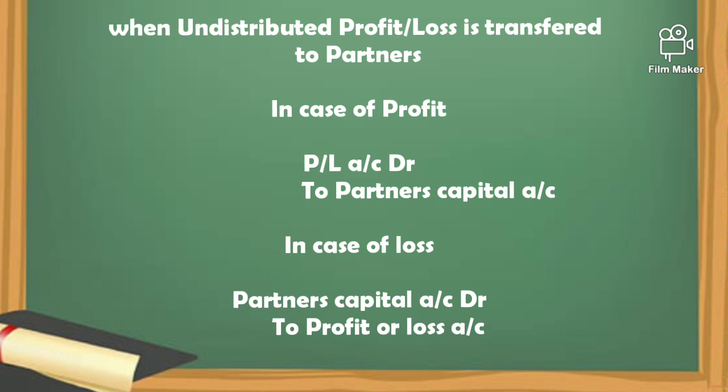If some profit and loss has accumulated, and it belongs to the old partners, that is those who are in the partnership firm, we need to transfer it to them, right? In case of profit, the entry will be profit and loss account debit to partners capital account. In case of loss, it's opposite: partners capital account debit to profit and loss account credit.